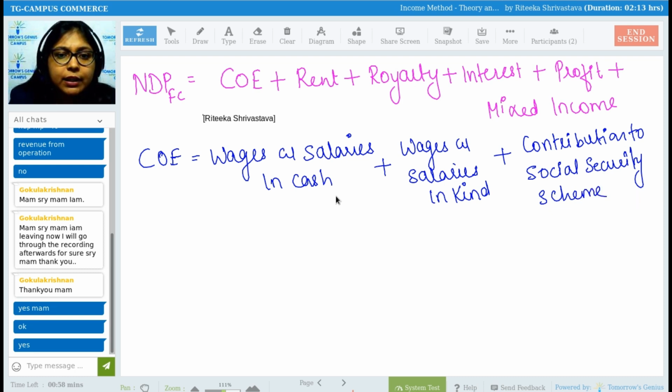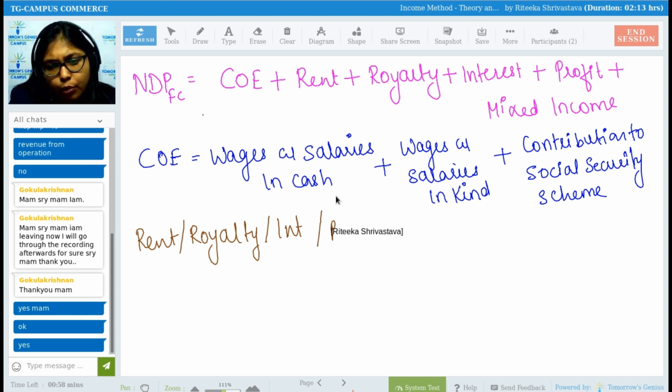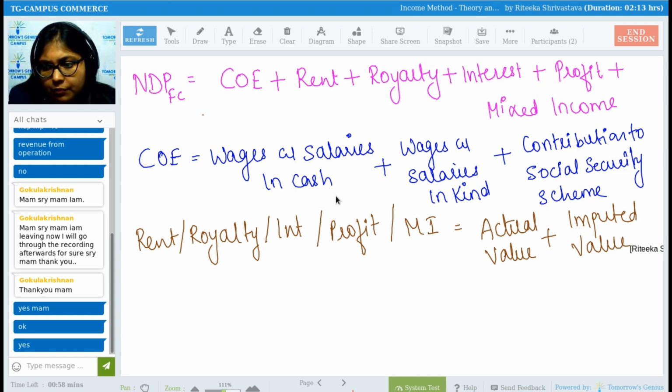Okay. Then when we talk about rent, royalty, interest, profit, mixed income, we will include both actual values plus imputed values. Fine. So rent, royalty, interest, profit, mixed income, both actual value and imputed value.